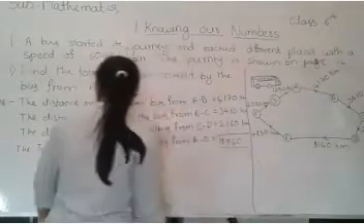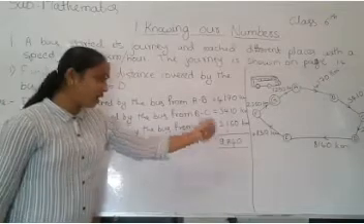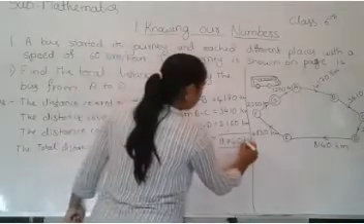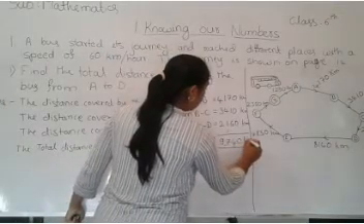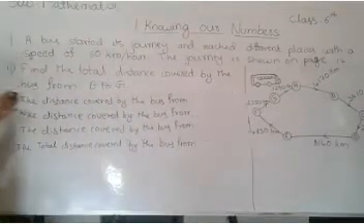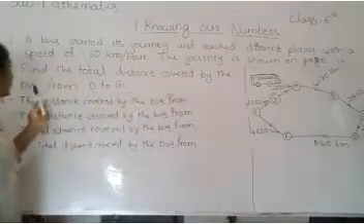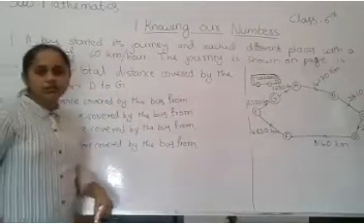Therefore the total distance covered by the bus from A to D is 9740 kilometers.